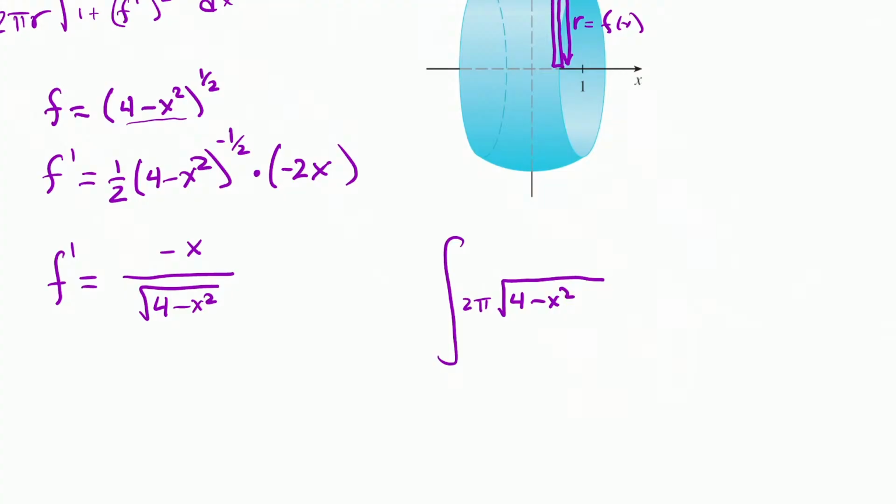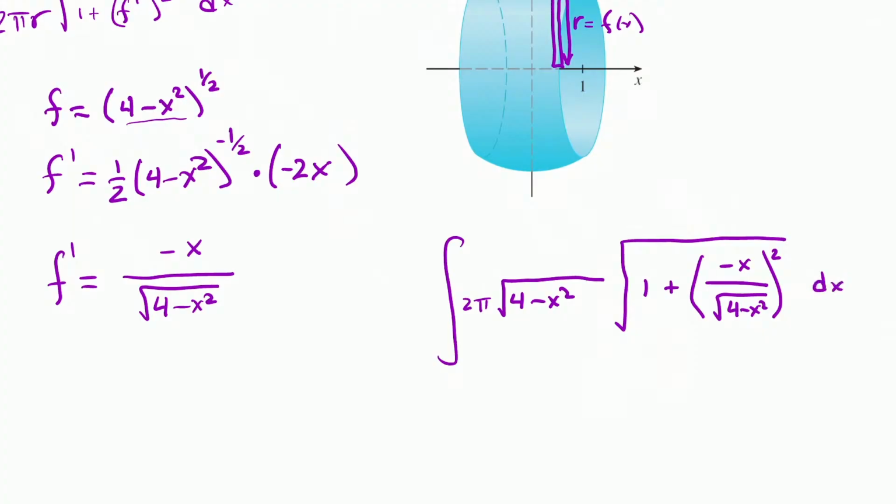and now things get really ugly because we're going to do the square root of 1 plus that derivative squared. And I suppose I should put some limits in here. So there it is.